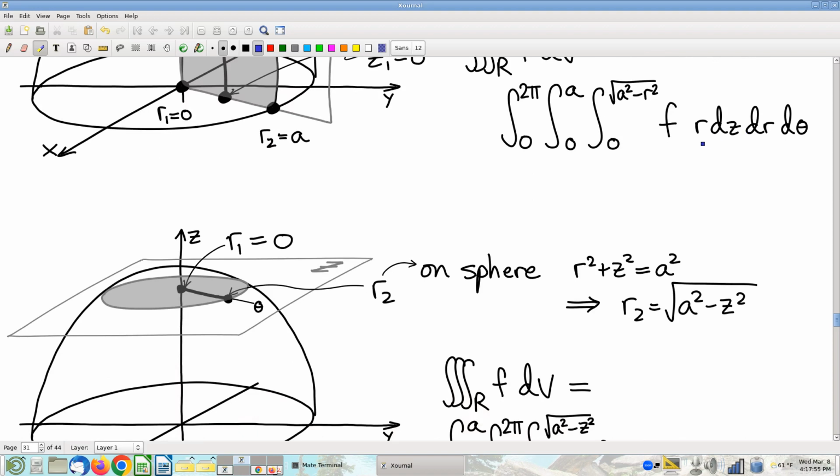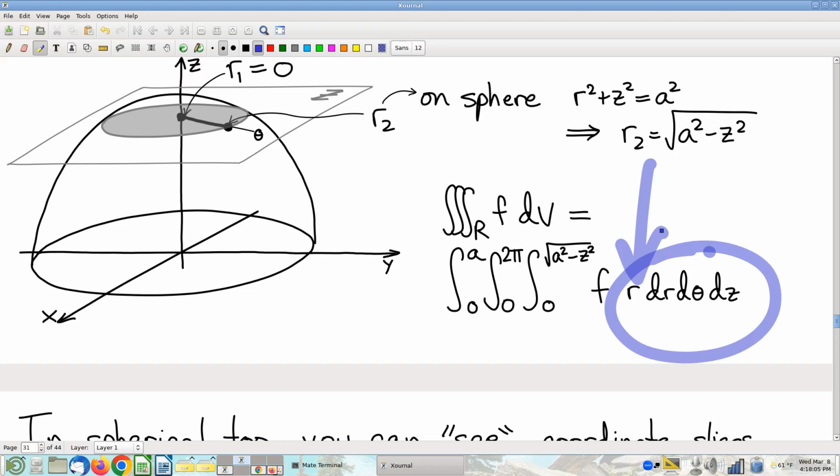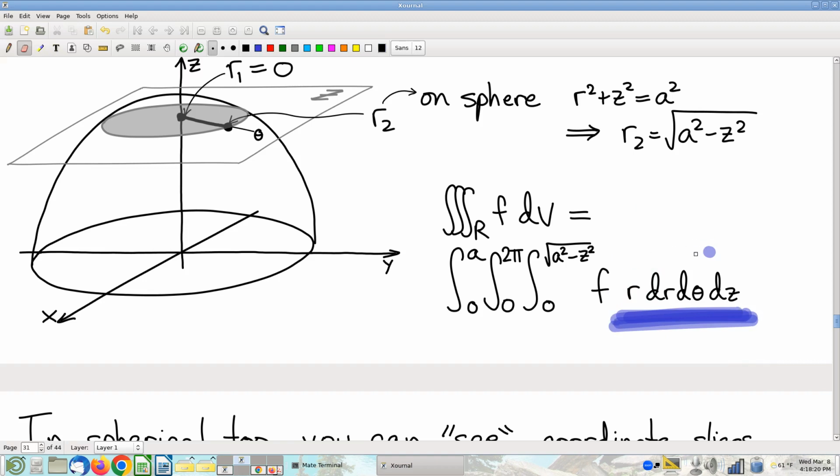Arbitrarily, I did dz, dr, d theta. Now we're going to do dr, d theta, dz. Notice I've already not forgotten my stretching factor. Again, I'm on the board. Points on the board already, just from putting that r in there. So again, I urge that you do the same thing. Always write down r, dr, d theta, dz as a single thing for that purpose.